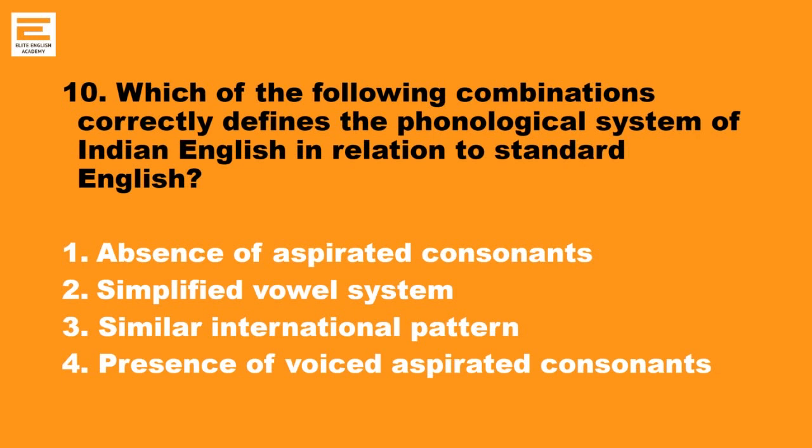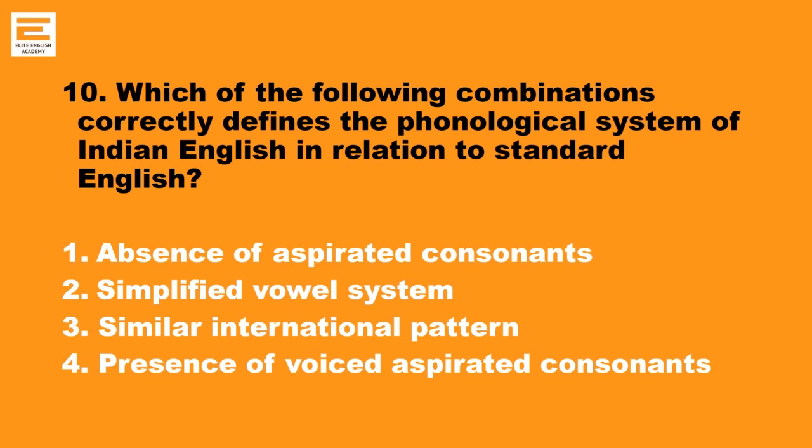Absence of aspirated consonants, simplified vowel system, similar intonation pattern, presence of voiced aspirated consonants. So you leave the technical aspects here. Two things you have to choose among the four options that are related to Indian English.